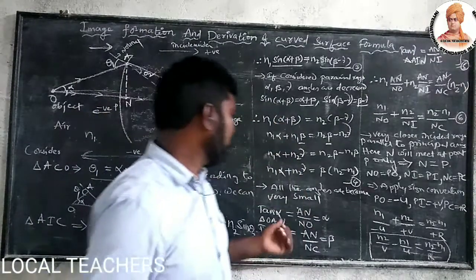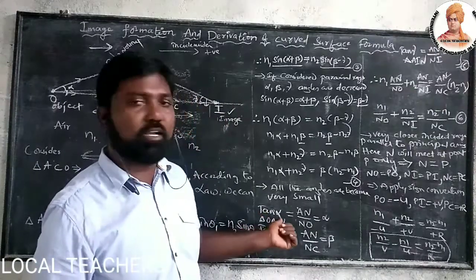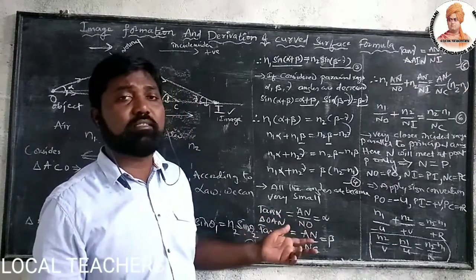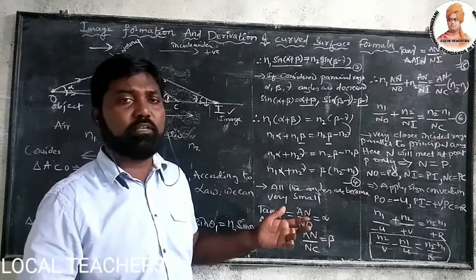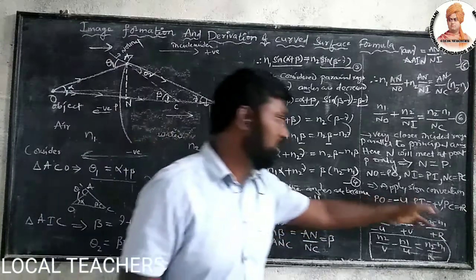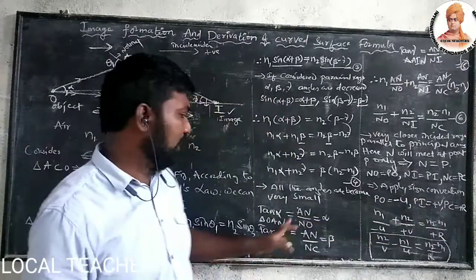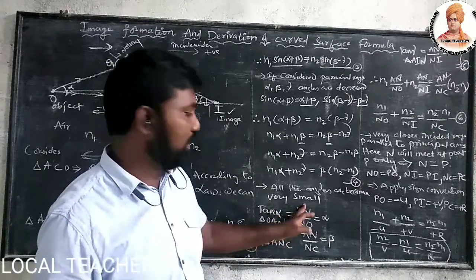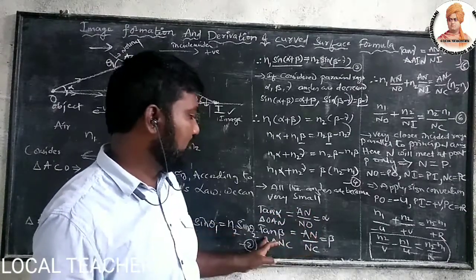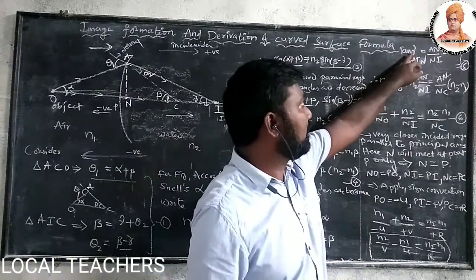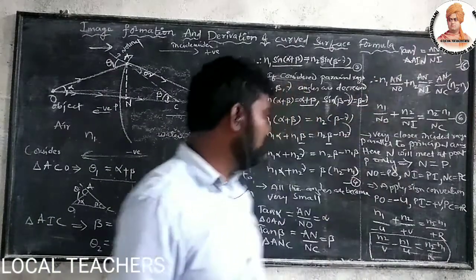When I consider these paraxial rays, all the angles become very small. Because I want to find the sides and bring in the relationship between u, v and R, I wrote tan alpha equals AN by NO, tan beta equals AN by NC, and tan gamma equals AN by NI.